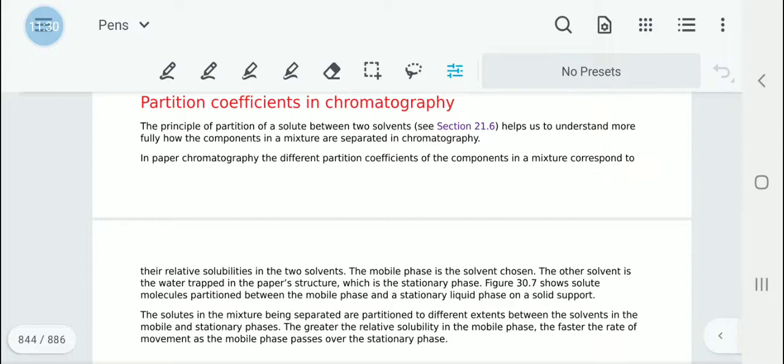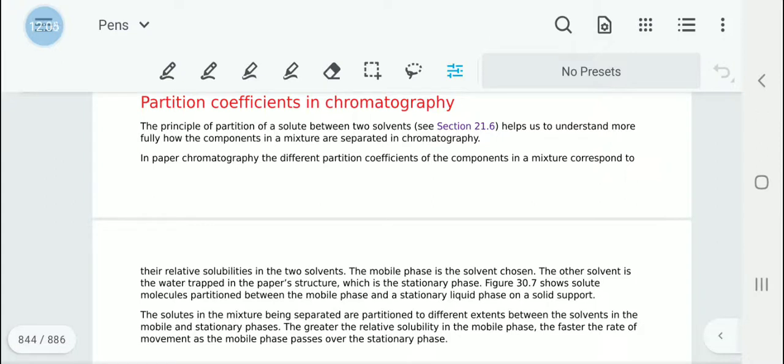When the solutes in the mixture are separated and partitioned between the solvents in mobile and stationary phase, in the stationary phase the solvent is water.